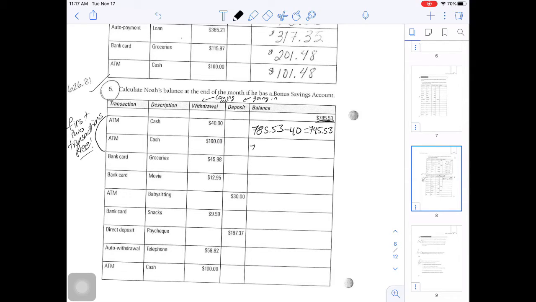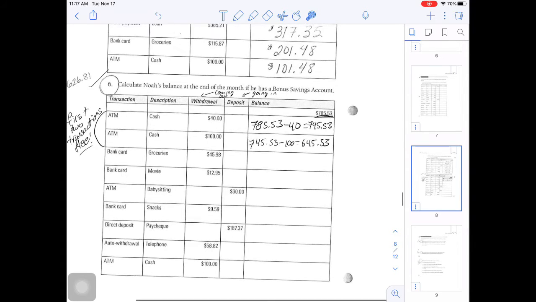So now we're at $745.53. And we took out $100, so we're left with $645.53.